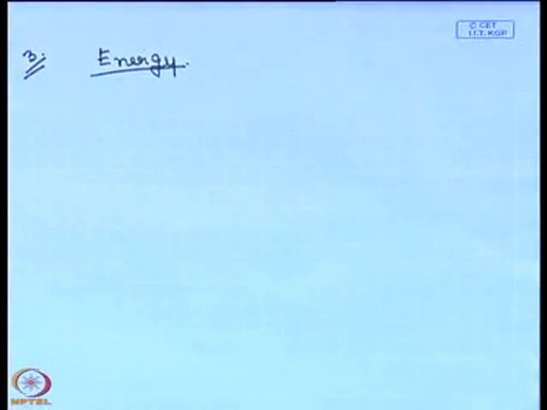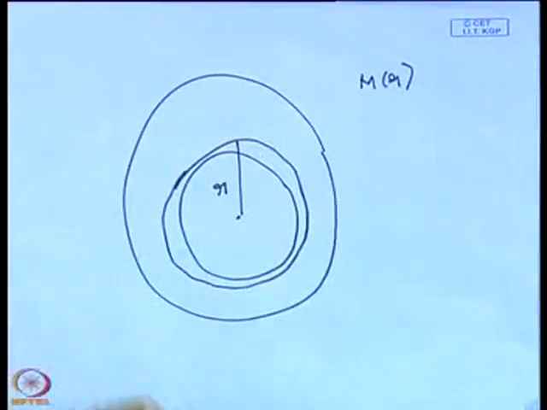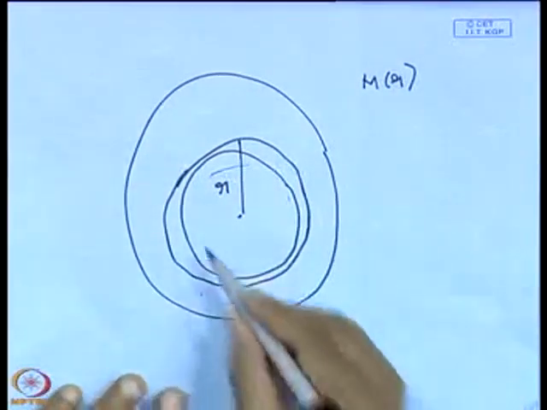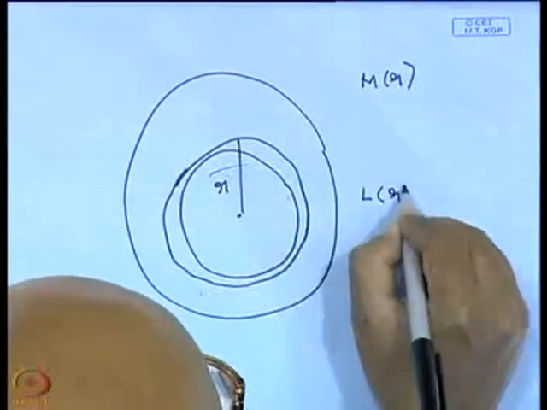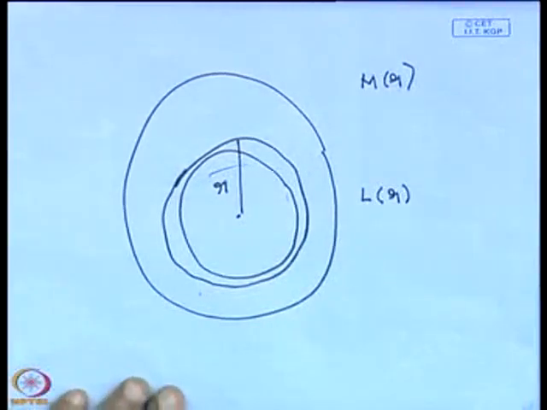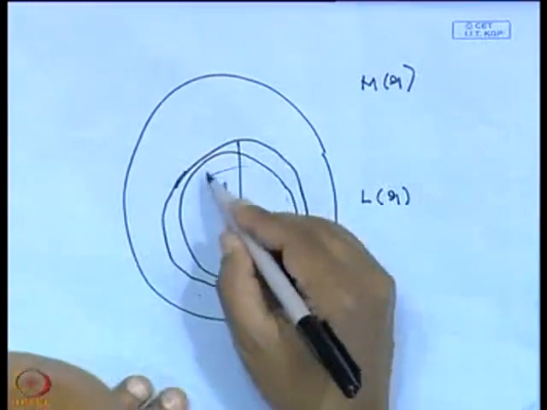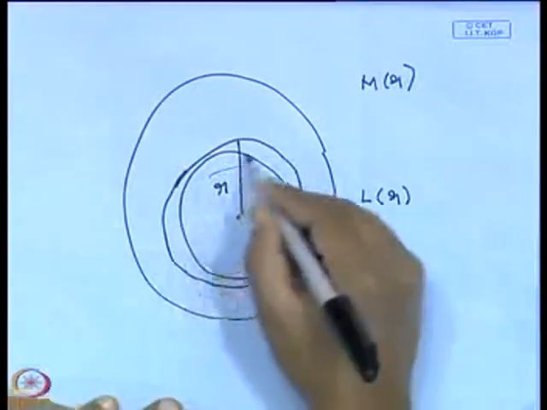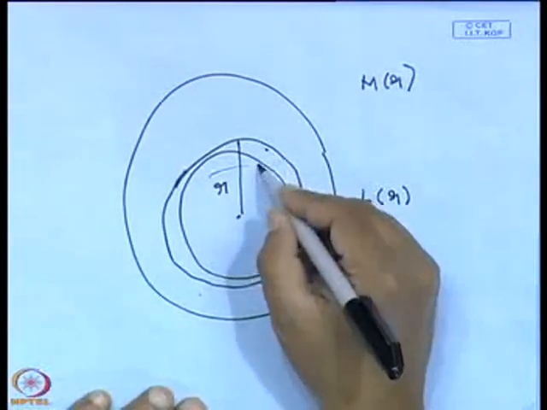So, let us go back to this picture. Now, let us say that the luminosity at a distance r is L(r). Okay. And the luminosity at a distance r plus delta r is L(r plus delta r). So, let us just calculate the difference in energy flux between here and here.